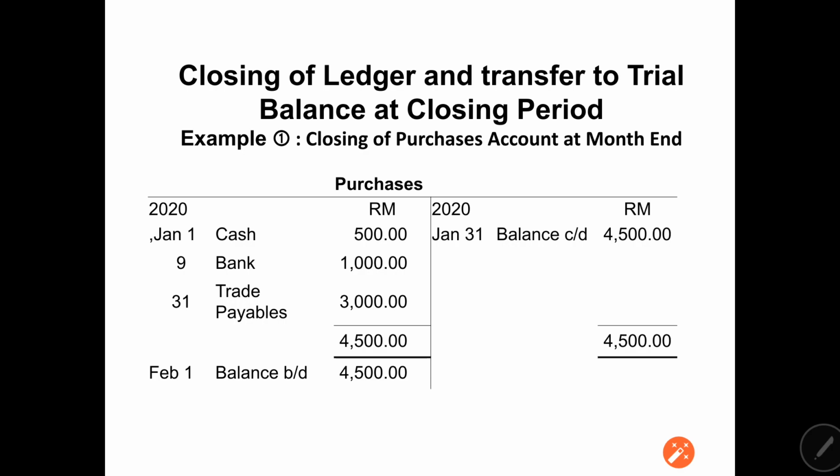CD to do the closing. On the right hand side, you put 4005, the total of the 1 month purchases, and also you have to write balance CD. OK, balance CD 这是关账的部分，然后呢要带下去2月1号 you have to bring down to the next month and you write balance BD.